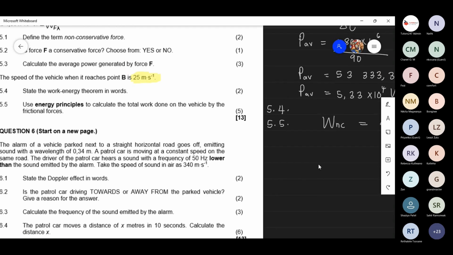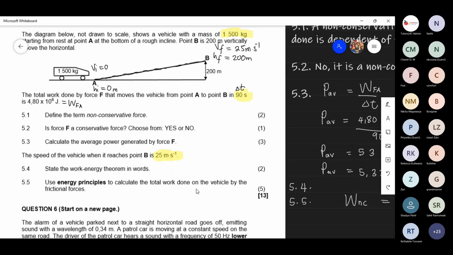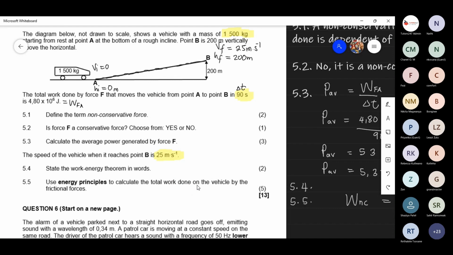So let's see. We know that there are 4 forces acting on the system. We have the applied force, we have frictional force, we have normal force, and we have gravitational force. Now, we're not going to look at normal force because it always results in 0.